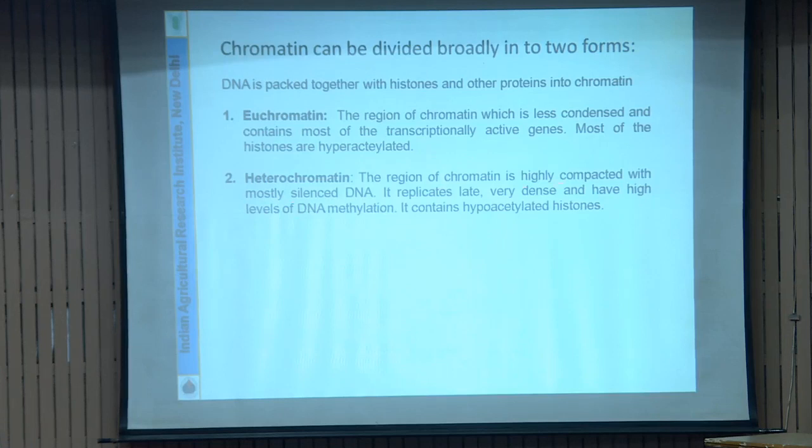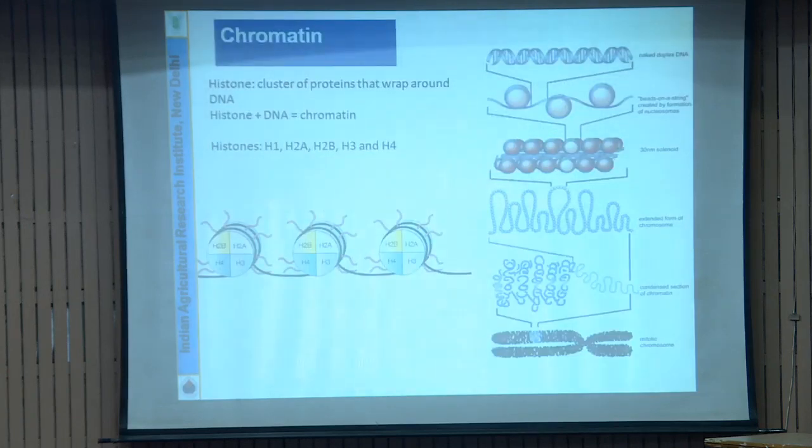Another type of chromatin is heterochromatin, which is highly compacted and mostly contains hypoacetylated or less acetylated genes. It is inactive chromatin.